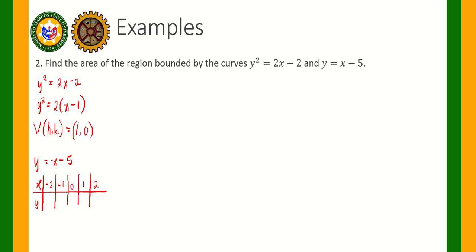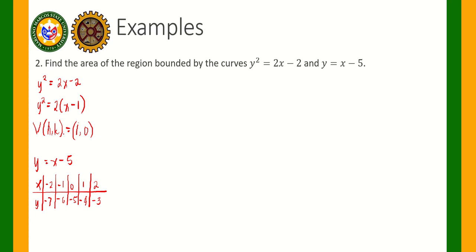So when our x is equal to negative 2, our y is equal to negative 7. When x is equal to negative 1, y is equal to negative 6. When x is equal to 0, y is equal to negative 5. When x is equal to 1, y is equal to negative 4. When x is equal to 2, y is equal to negative 3. So you can see in the progression of the y values na linear siya. Okay? So linear ang ating curve number 2.